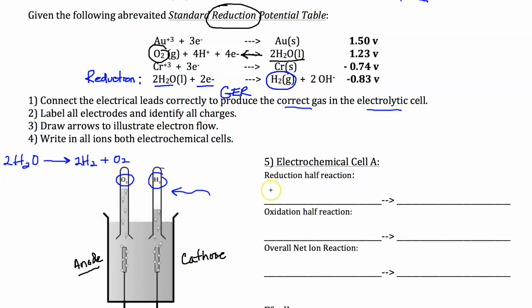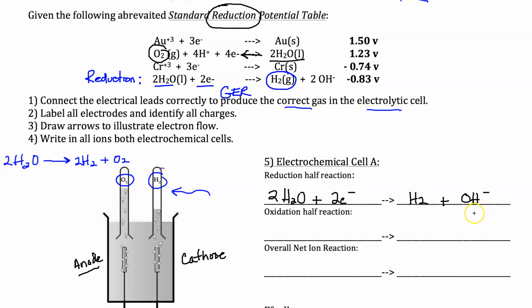So the reduction half reaction as written is going to be two H2Os plus the 2 electrons that are absorbed. It's called reduction, gaining these electrons. And we're going to make the hydrogen gas that's collected in the top of that. And of course, 2 hydroxides. And we talked about this reaction in class.